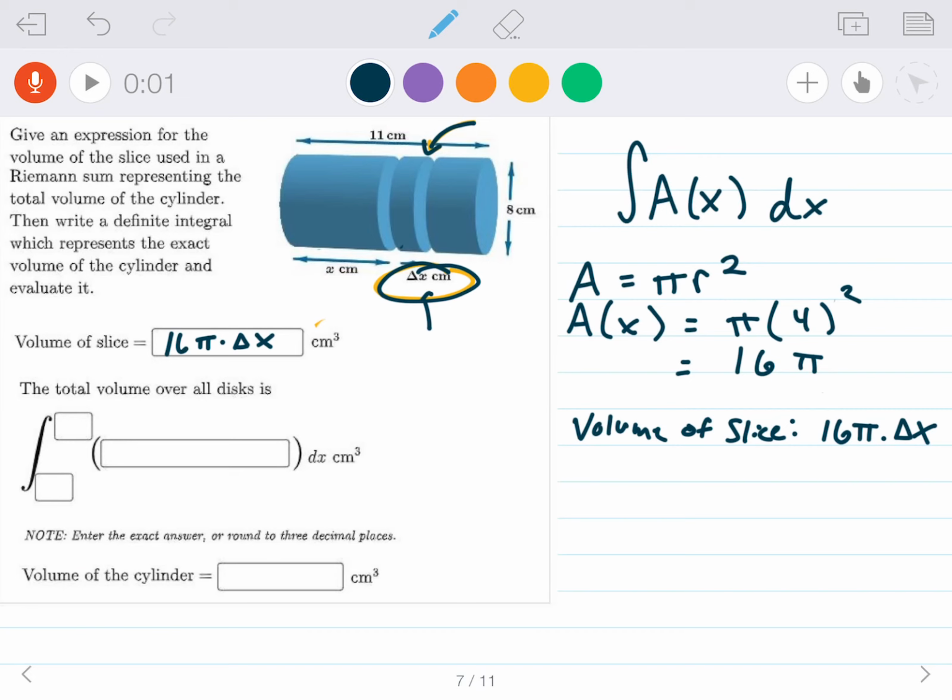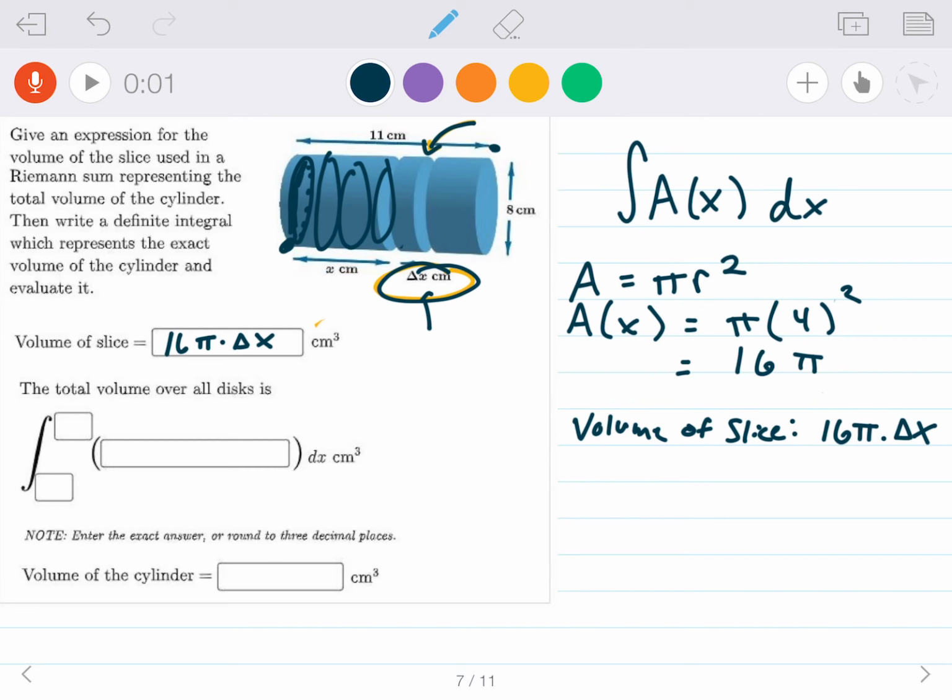All right, so let's evaluate this integral. So the total volume over all disks. Where are we integrating from? We're integrating starting right here. We added an infinitely skinny disk right here. It has a thickness of dx, but it's very thin, and we keep adding disks all the way up until this point.